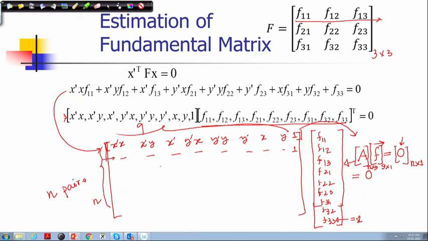the number of independent parameters in a fundamental matrix is 7. First, it is an element of a projective space. If I multiply all the elements by a constant k, this relationship still holds. That means that is also a solution of this system.